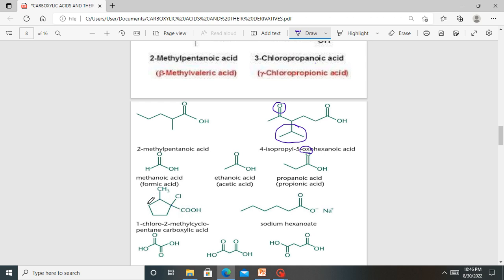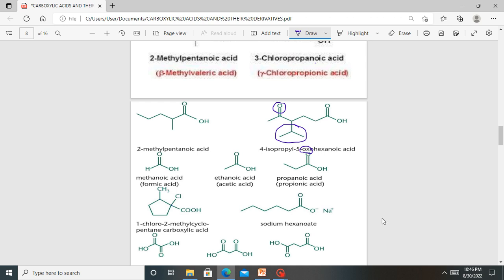So we name it 1-chloro 2-methyl cyclopentane carboxylic acid. Here the main chain is the cyclopentane. So we name all these as substituents. So it becomes 1-chloro, 2-methyl cyclopentane carboxylic acid.